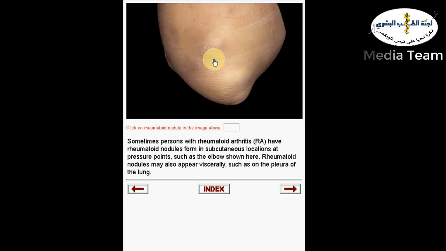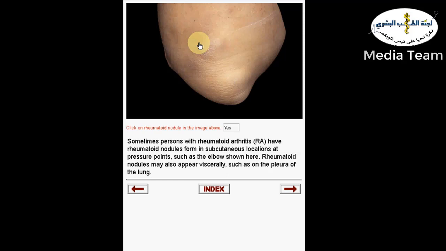Another thing we see in rheumatoid arthritis patients is what we call rheumatoid nodules. If you look here near the elbow, this is a pressure point near the elbow, and this is a nodule. We call it a rheumatoid nodule. It can occur most of the time around joints and in the subcutaneous tissue.